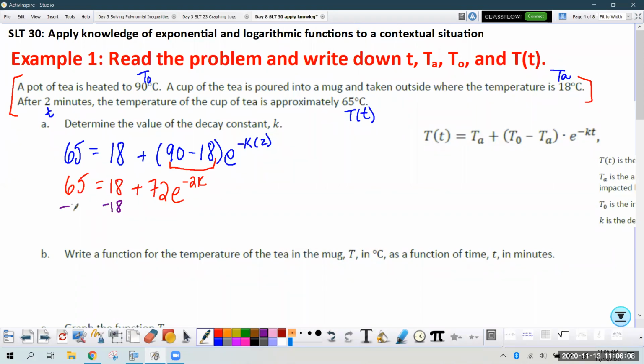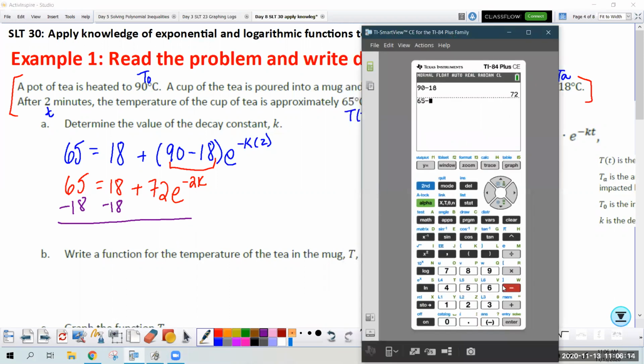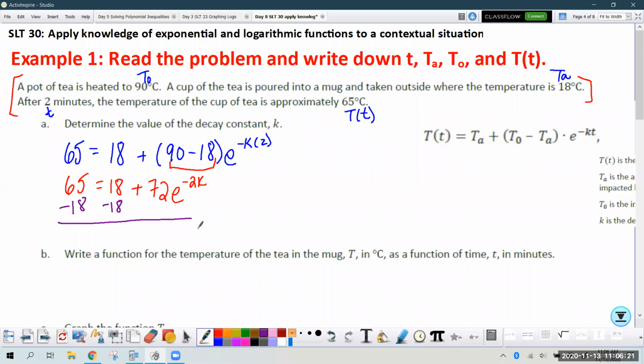I'm going to subtract 18 to the left. I'm running out of room. I'll go over here. I'm going to divide by 72.